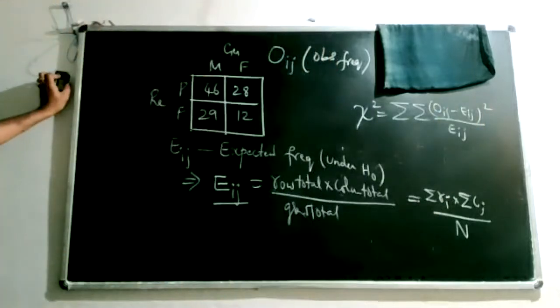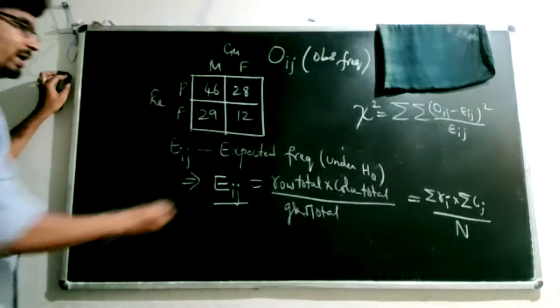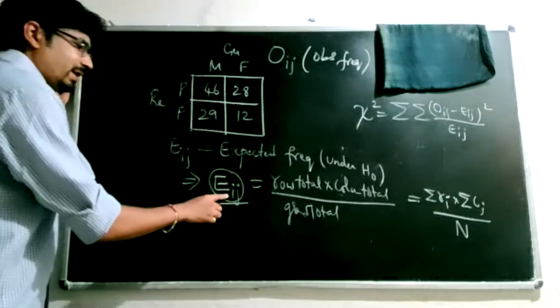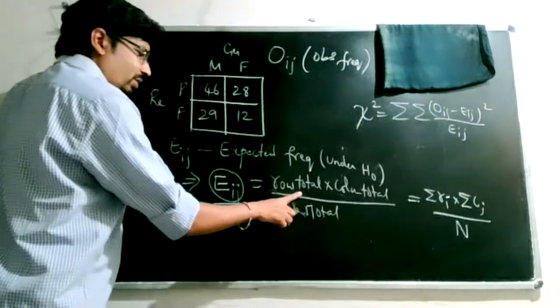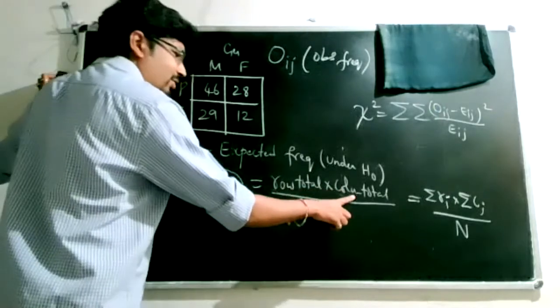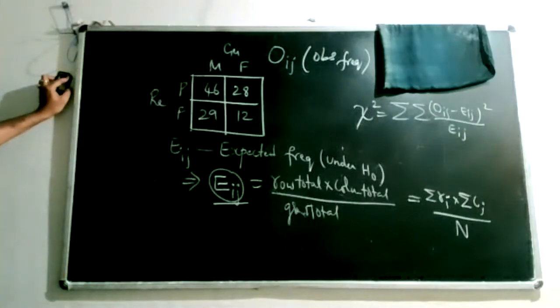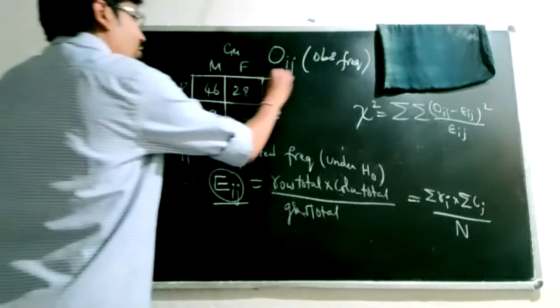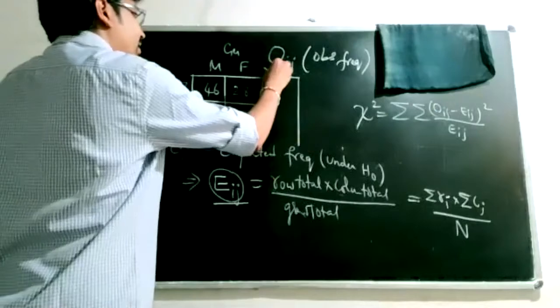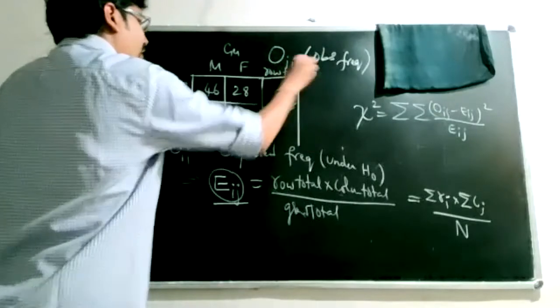So I have to obtain this. Now how to obtain Eij? If you want a particular Eij, use its row total, multiply that by its column total, divide that by grand total. So the very first calculation here is obtaining the row totals as well as column totals.